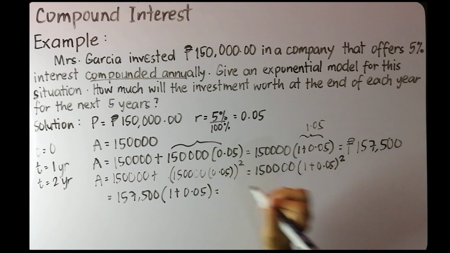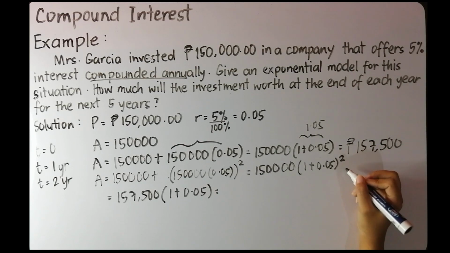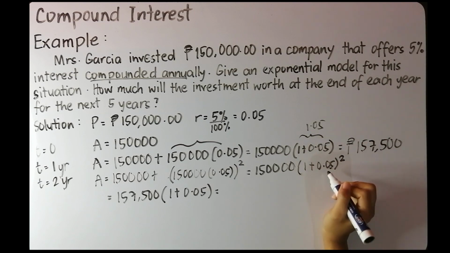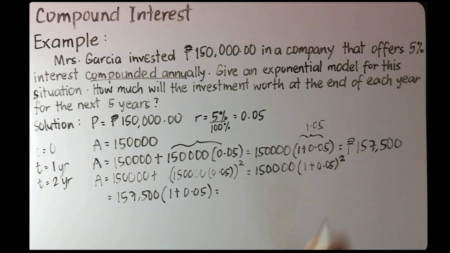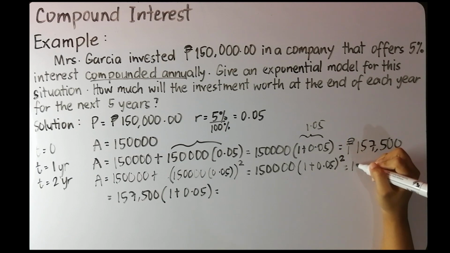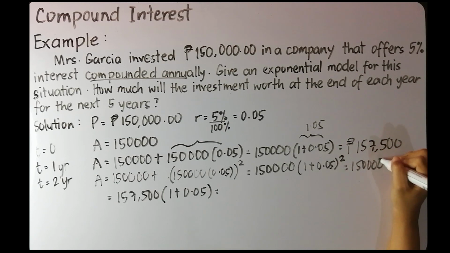So let's compute. We have 150,000 times 1.05 raised to 2. 1.05 squared is equivalent to 1.1025.